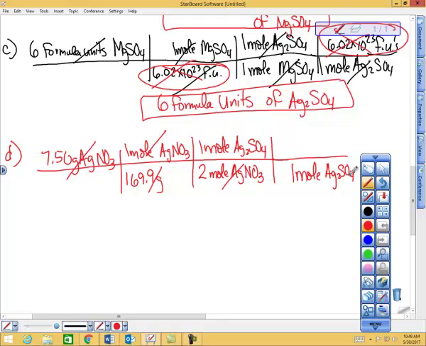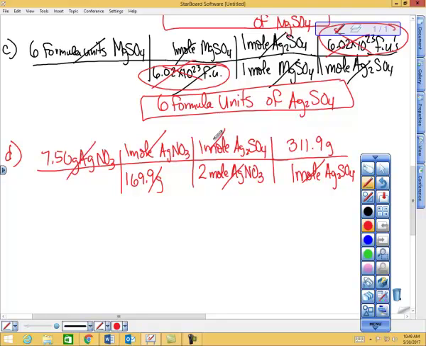Let's get that figured out. 107.9 times 2. 32.1 is sulfur. 16 times 4 is oxygen. I got 311.9. Can anybody confirm that for me? Thank you. 311.9 grams. All right, let's solve.